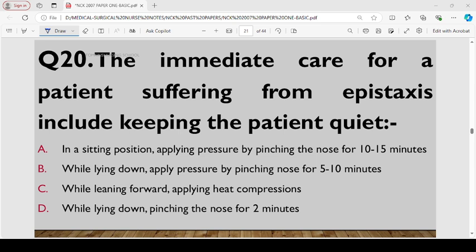You should be seated, right? Leaning forward, this option is incorrect because cold compresses are recommended and not heat, okay? The heat will dilate the blood vessels more, so there will be more bleeding.